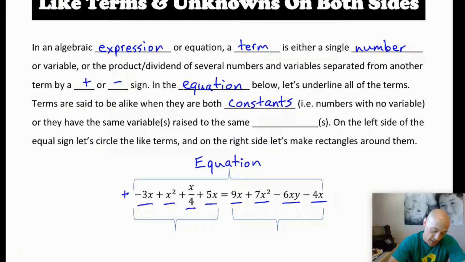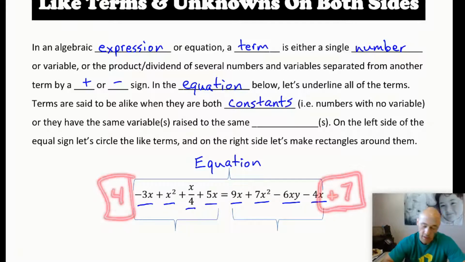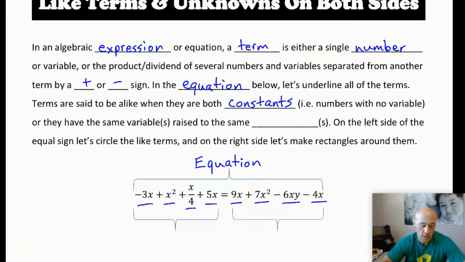If we had something like 4 minus that, and then plus 7, then the 7 and the 4 would be constants. So terms are said to be alike when they are both constants, or they have the same variable or variables raised to the same power or powers.